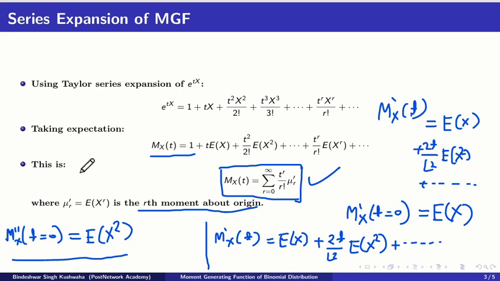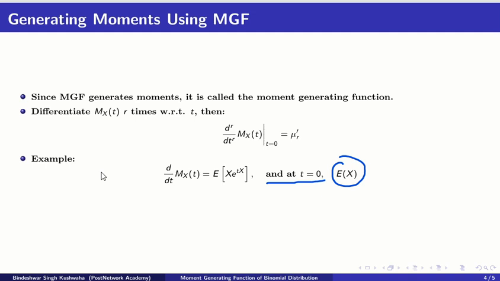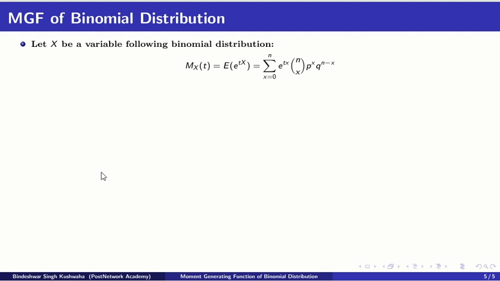That's why I wanted to explain in detail. If you differentiate one time and put t equal to 0, you will get E[X], the expected value of the random variable, that is the mean basically.